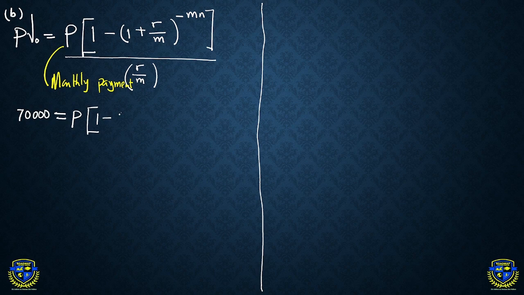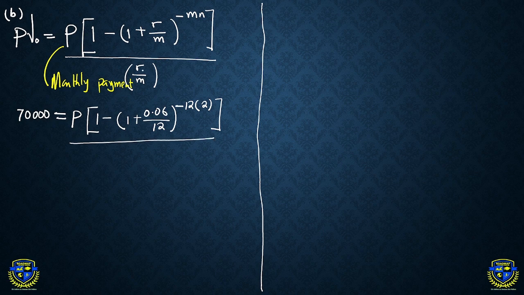So we say 1 minus (1 plus our rate, which is 6%, that is 0.06 divided by 12 monthly) to the power negative M times the period, 12 times 2, then we close and go over the rate, still 0.06 divided by 12.